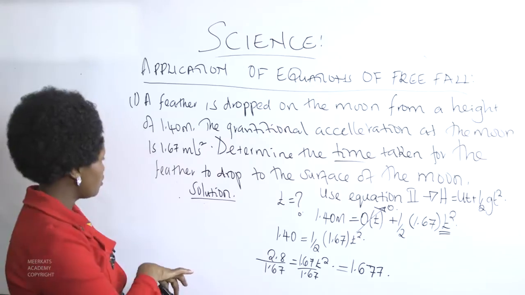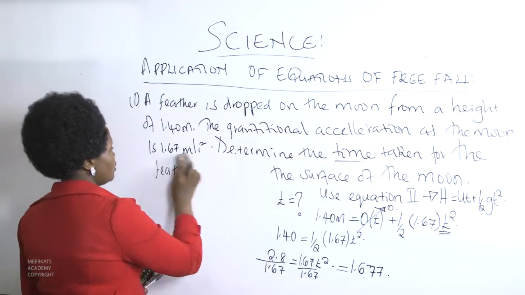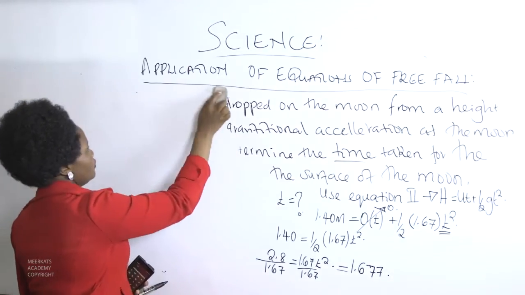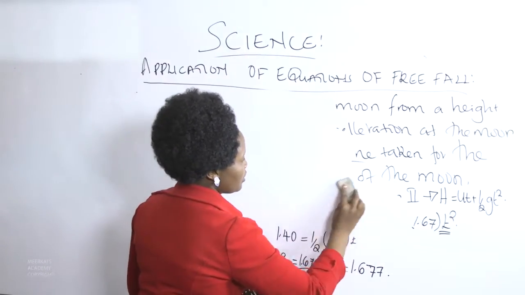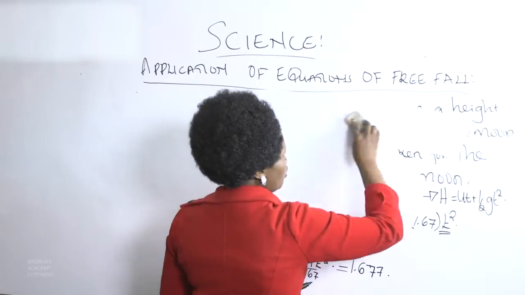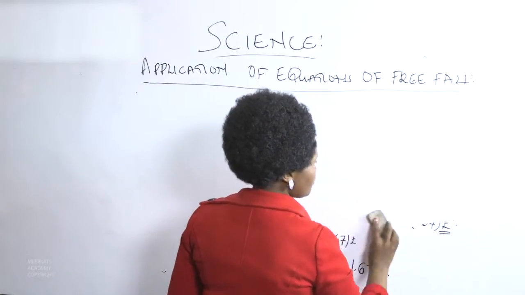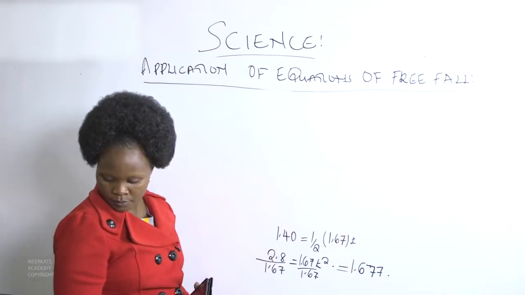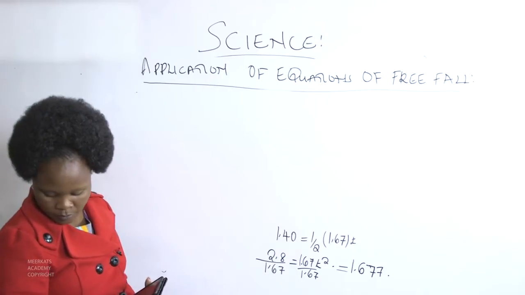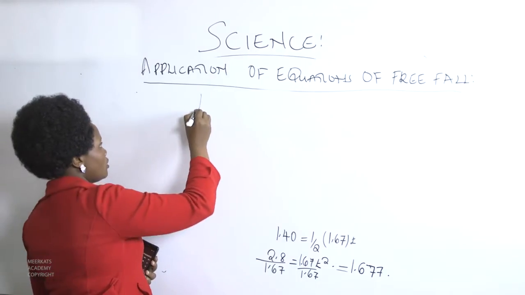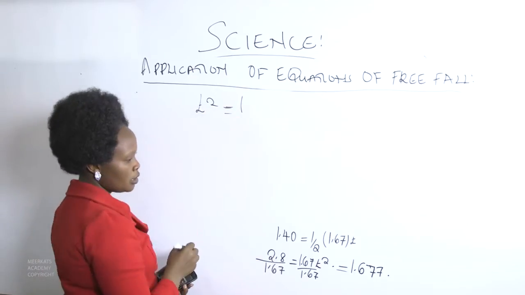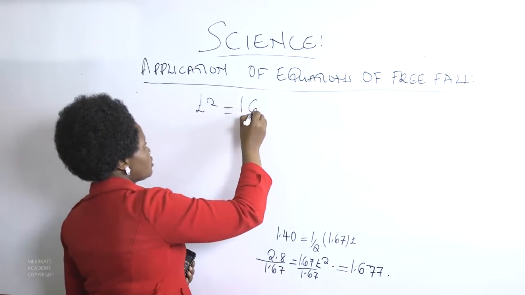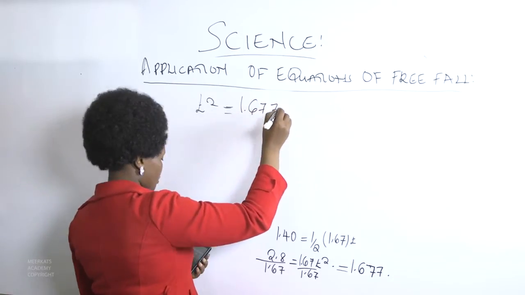So our t squared is equal to that, but we are interested in the value of t itself. t squared is 1.677.